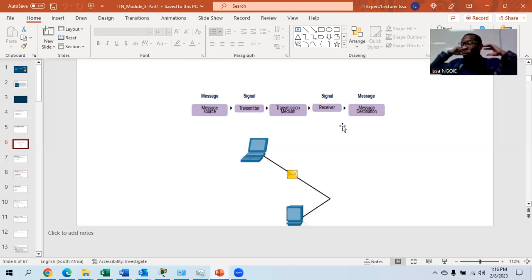So you got your message, but you must use the device, the transmitter, and when you finish typing, there must be a channel, maybe wireless or using cables. And when you send your message it will be received by a receiver, right? The destination device, and done. This is the meaning.